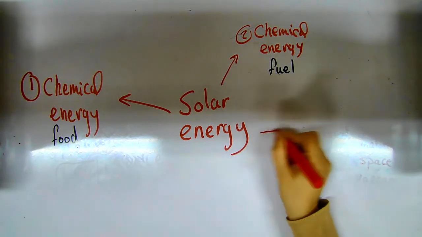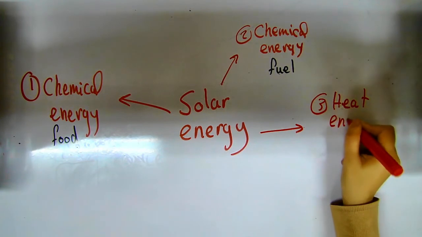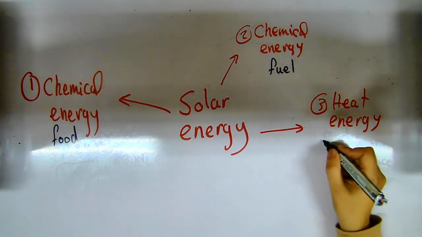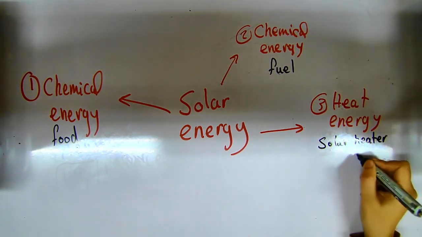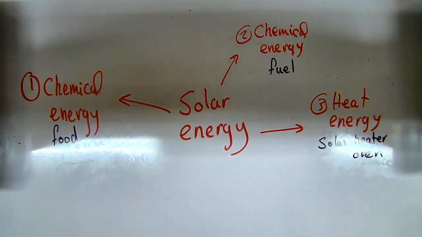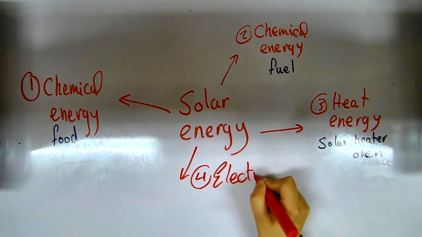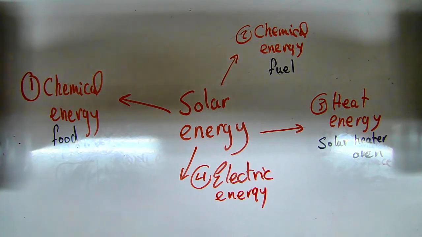Also, it can be changed into heat energy in the solar furnace or solar oven and the solar heater. Also, it can be changed into electric energy in the solar cells.